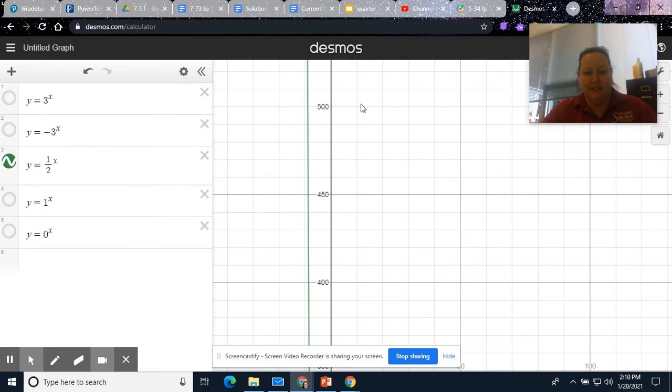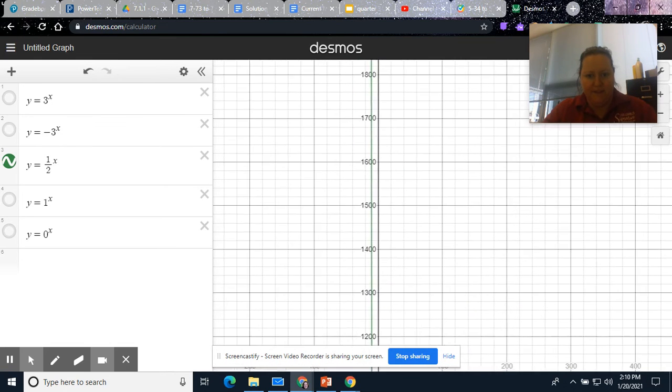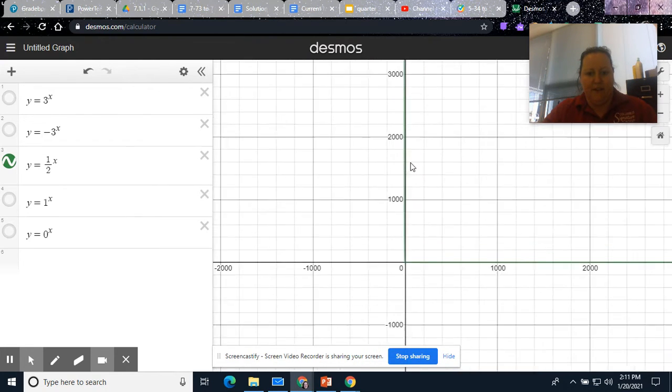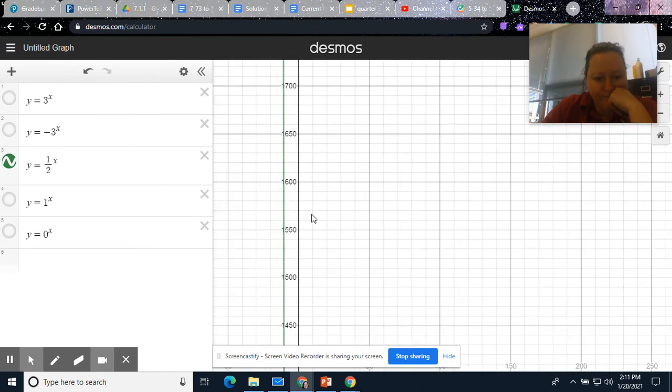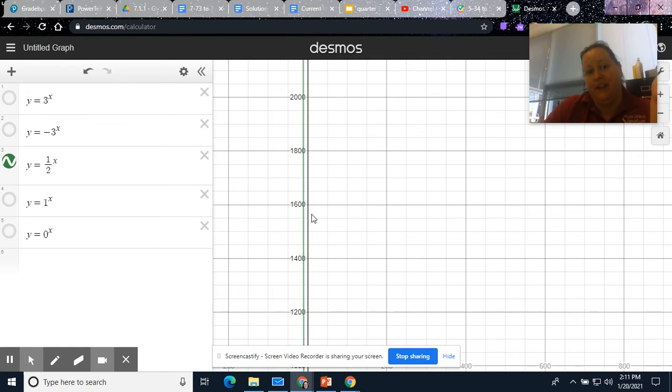And the answer is no. I don't think so. I think it looks like that, but I think it'll just keep increasing because you can always pick different values of x without it intersecting. So I think the answer to that is no. If that's different, I will correct it and write it on my It's Learning page.